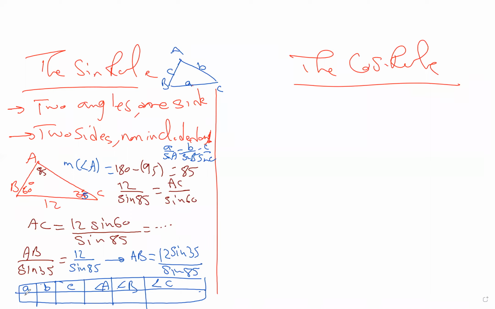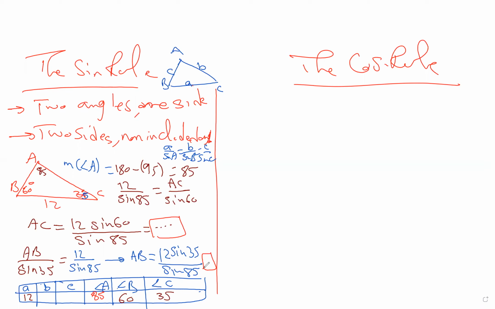A is 12, given angle B is 60, angle C is 35, and we have found the measure of the third angle, which is 85, and we got AC and AB by using the sine rule.